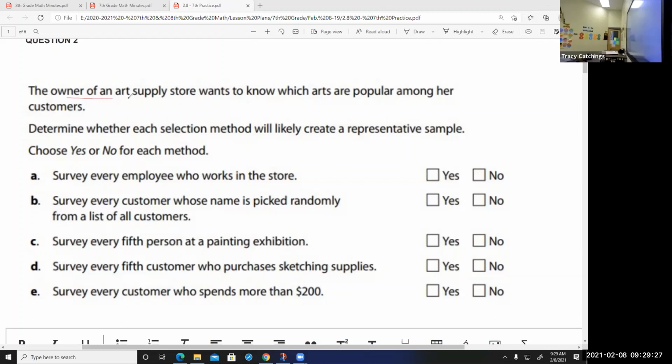All right, so now we're talking about an art supply store and the arts that are popular among her customers. I'm gonna give you a second or so to have a look at those answer choices and think about which ones we can say yes to and which ones we can say no to for not being a representative sample. Remember, a representative sample involves everyone.